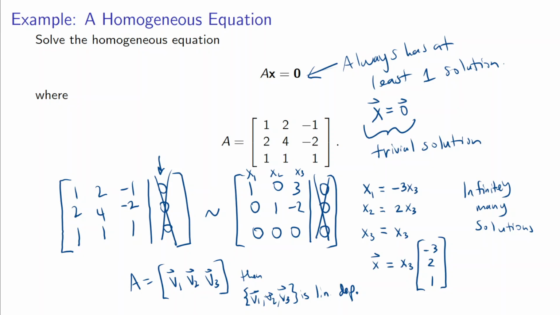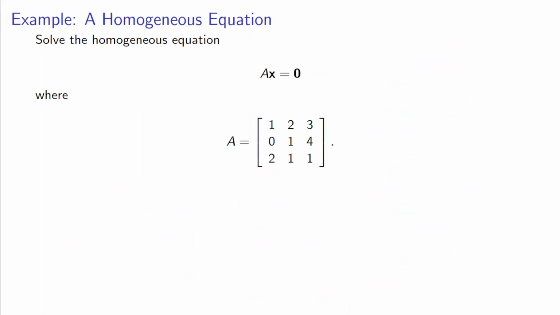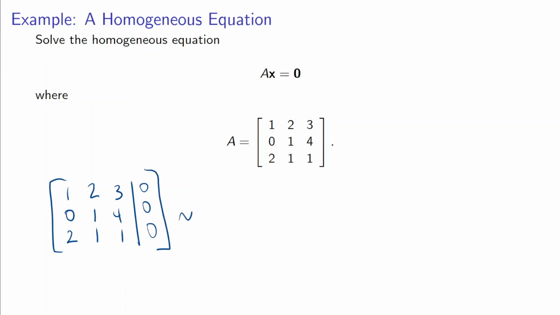Let's look at another example of a 3 by 3 matrix and consider this homogeneous equation, Ax equals 0. Again, we will set up the augmented matrix, and this one reduces to this matrix.